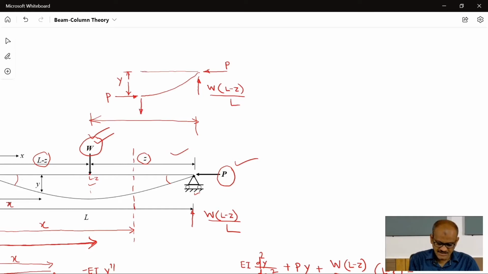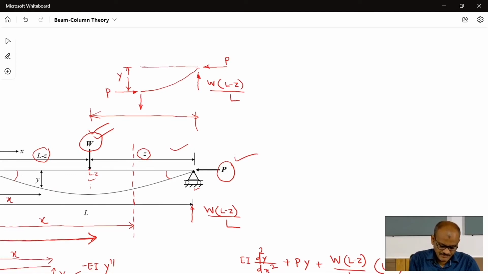So this is the same thing, the same value, W into L minus Z divided by L.